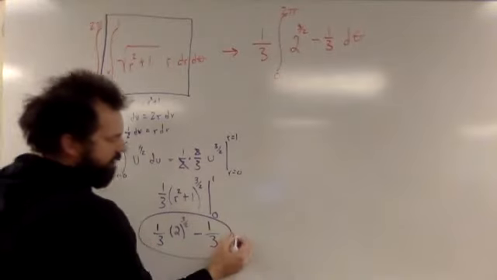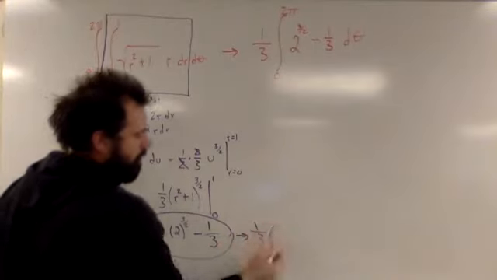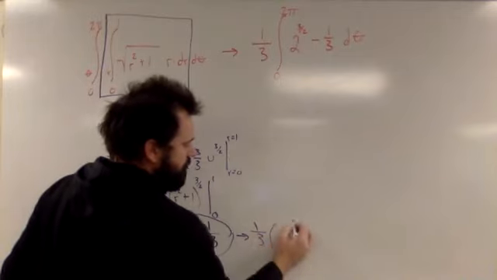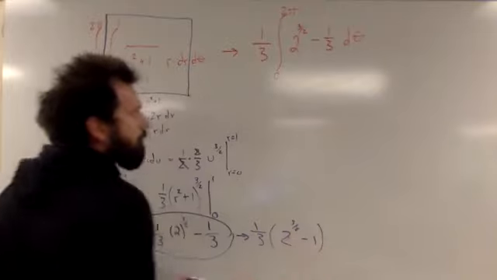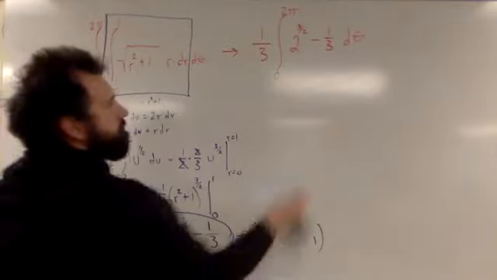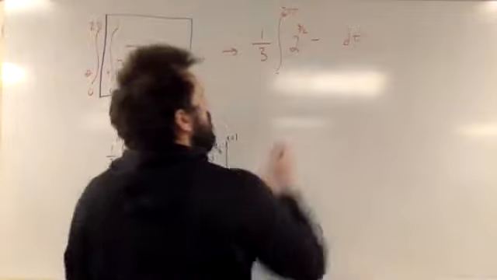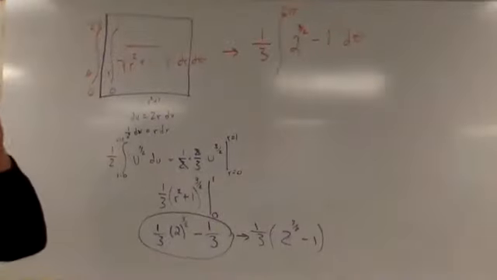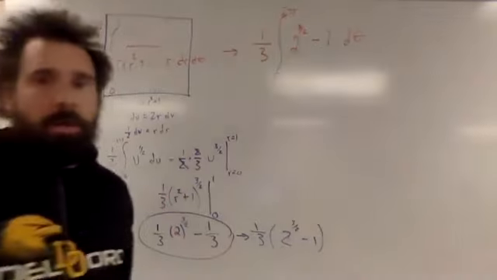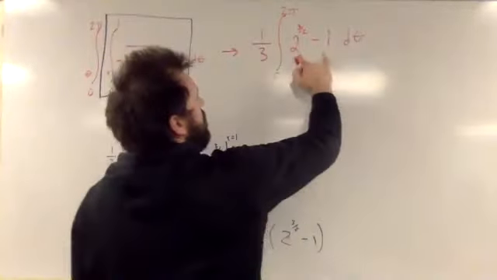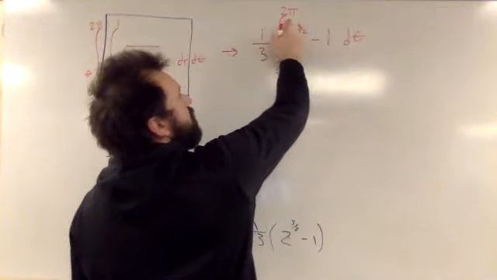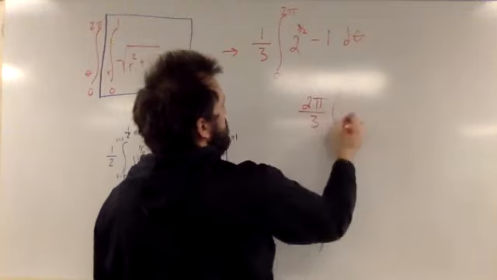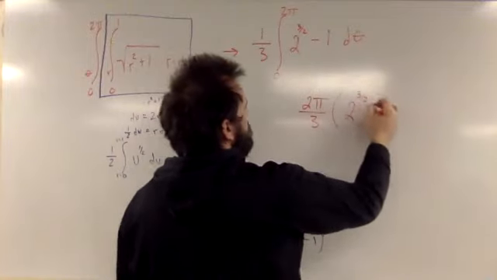When I pull the 1/3 out, this is 1/3 of 2 to the 3/2 minus 1. So now I'm going to take the antiderivative. There's no thetas in there. That's just a constant, so I can multiply this. When I do the antiderivative, I'm just going to get a constant 2 pi. This is going to turn into 2 pi over 3 times 2 to the 3/2 minus 1.